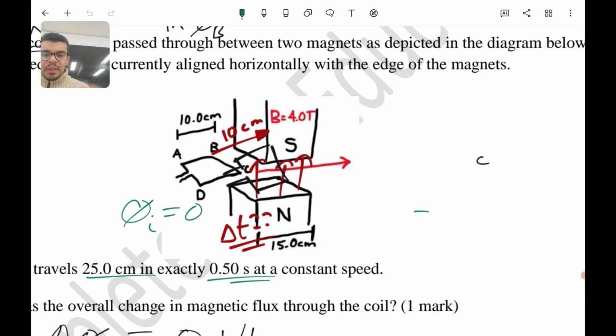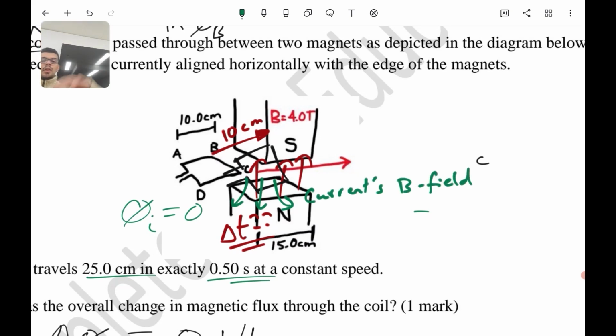Well, again, if I just draw this picture out for you guys, these green arrows represent the current's magnetic field, which is downwards. So you can take a right hand with me. Your thumb should be pointing downwards. And you can look at your hand from above and you'll see that the fingers are curling clockwise.